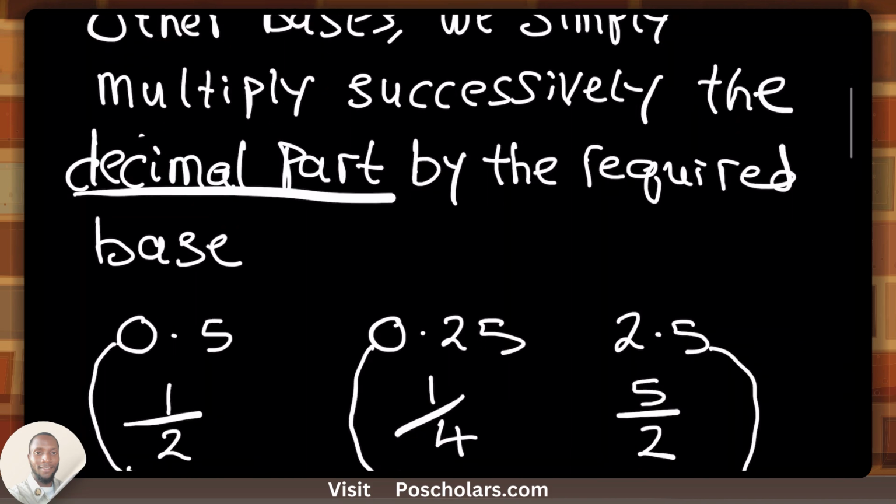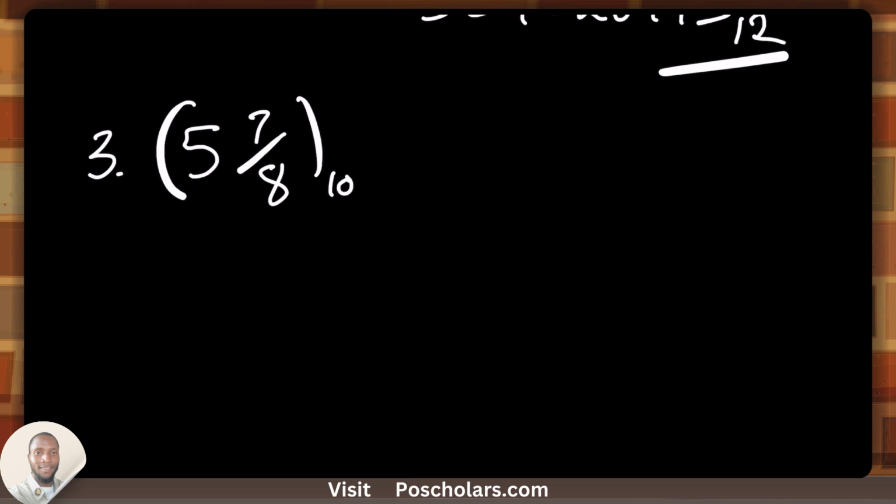5 whole number 7/8, that's question 3. Question 3 says, convert 5 whole number 7 over 8, all in base 10 to base 2, which is the same thing as base 2, I told you before.